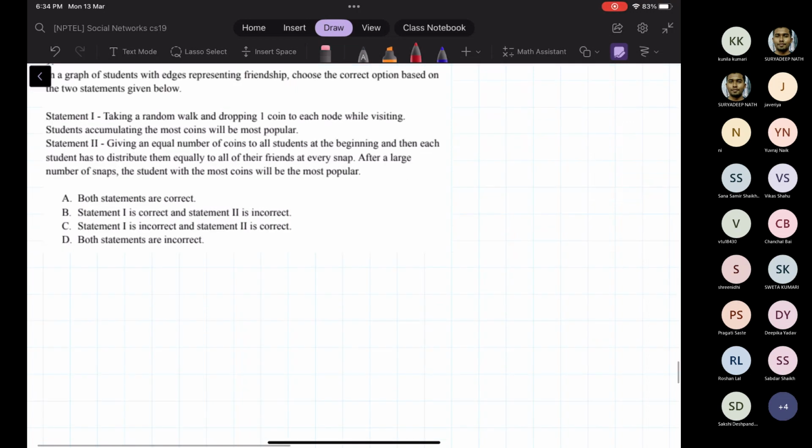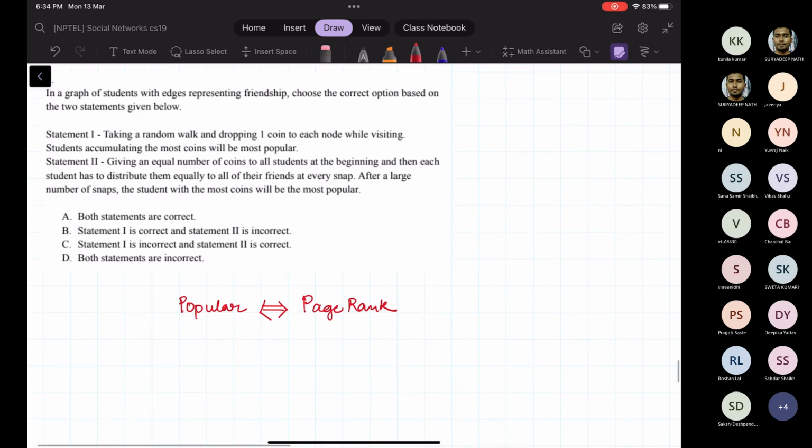So here popular is equivalent to saying PageRank. The most popular student is equivalent to saying the most popular web page with the highest PageRank.